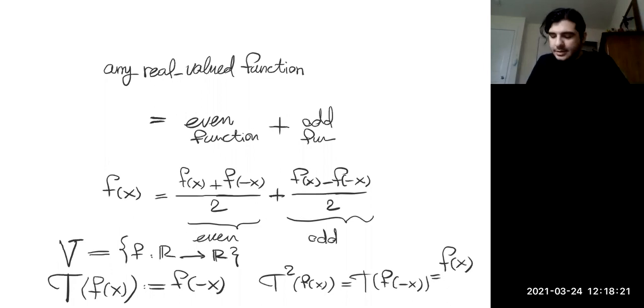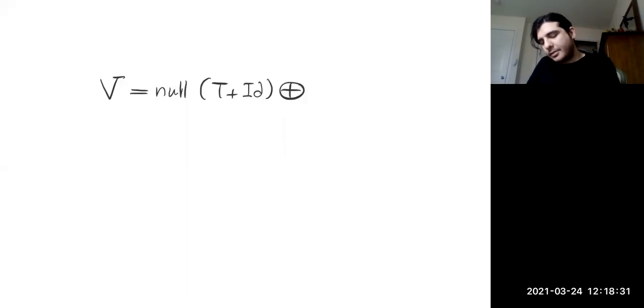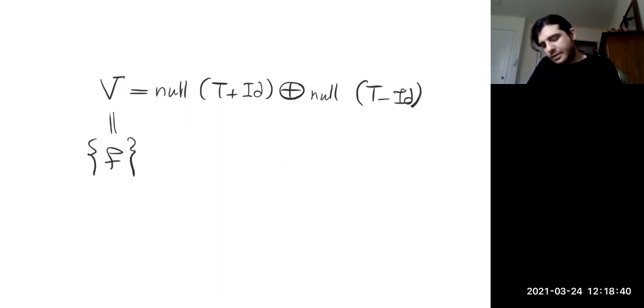And now the previous theorem tells us the vector space V can be written as null of T plus identity direct sum null of T minus identity. Now V here is the set of functions like f, right? What is null of T plus identity?